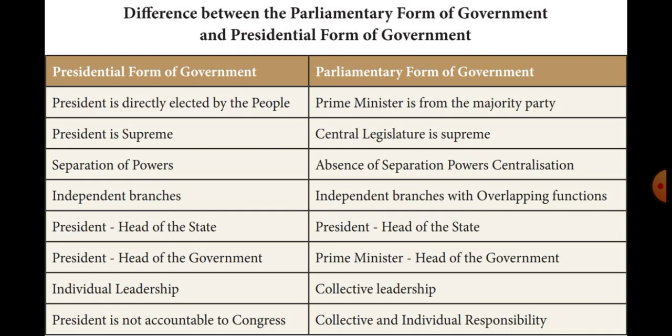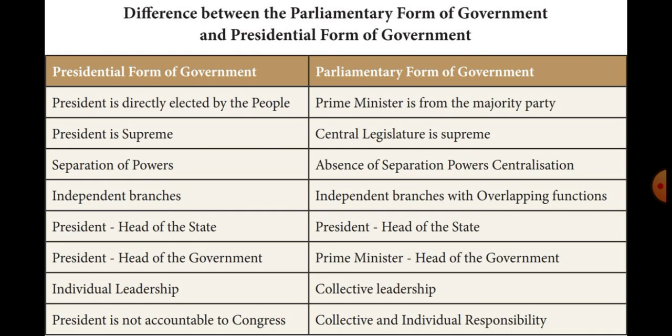Then, in the presidential form of government, the president is the head of the state. Likewise, in the parliamentary form of government, the president is the head of the state. In both forms of government, the president is the head of the state.